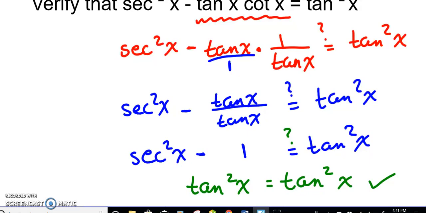We just verified it. Now again, it may take time to figure out how to do it. I know the identities, so it makes it easier for me. But if you don't know them, it's going to make this really hard for you. So make sure you know them so you can apply them and work things out. Okay, so that's example 1, and then I'm going to give you a practice problem that you can work on.